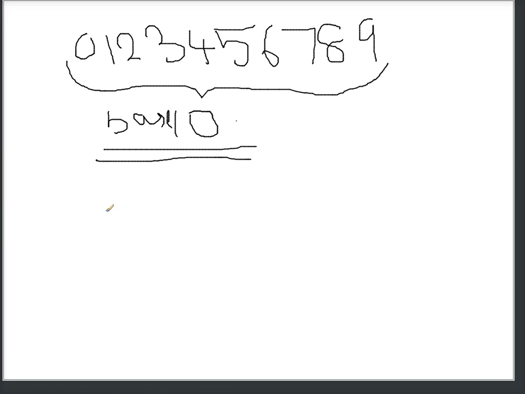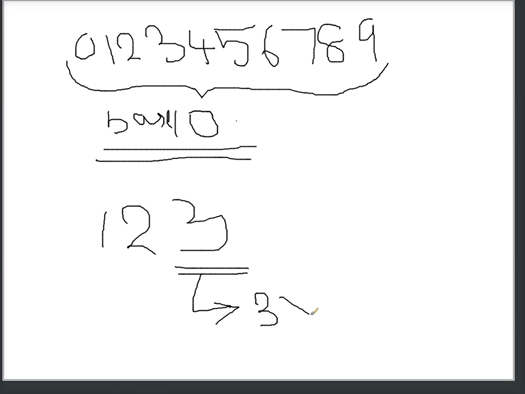So if we have a number 123, the least significant position, LSB, represents the value 3 into 10 raised to 0.